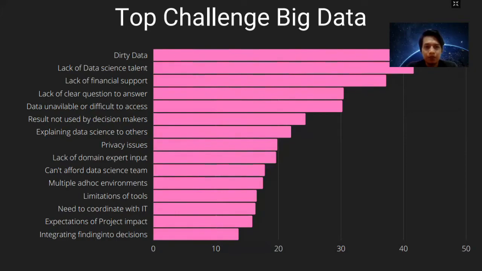This may be because the government's financial support is not enough for the data science field. And next, lack of a clear question to answer. Next, we have data unavailable or difficult to access. Here, data is very difficult to access nowadays, and the result is not used by the decision makers.